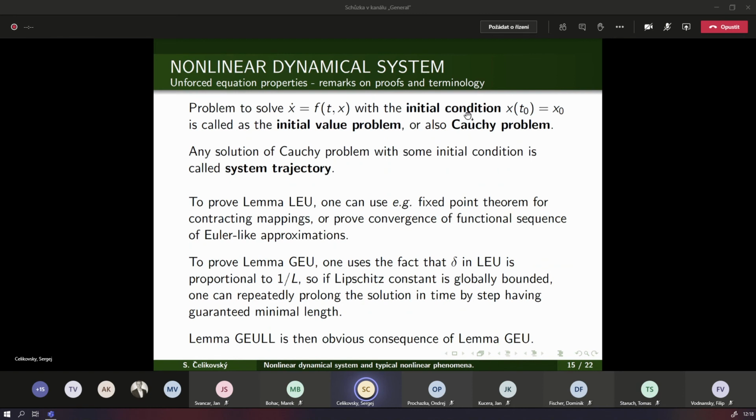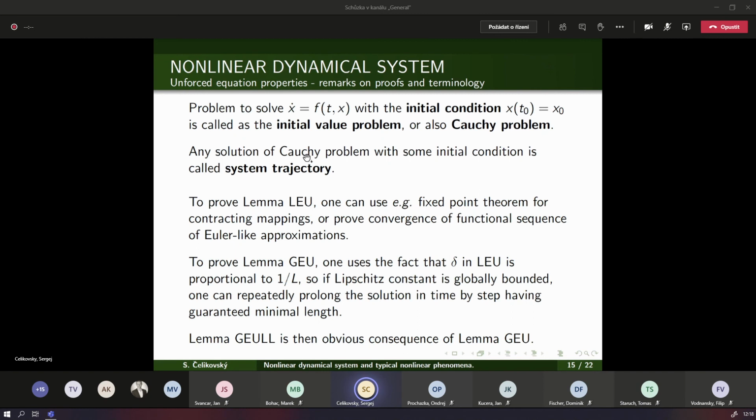Okay, so terminologically, as I already told, solving an ordinary differential equation with some initial condition is called an initial value problem, but also Cauchy problem. Maybe you will meet this terminology.